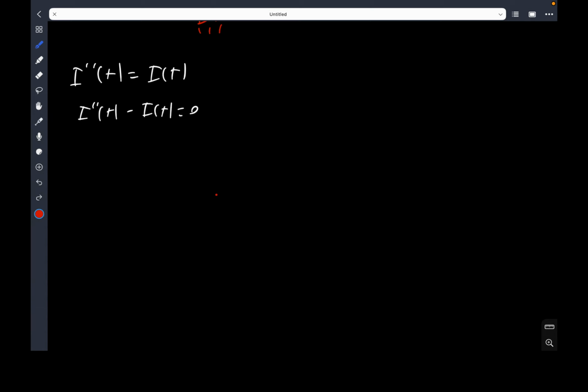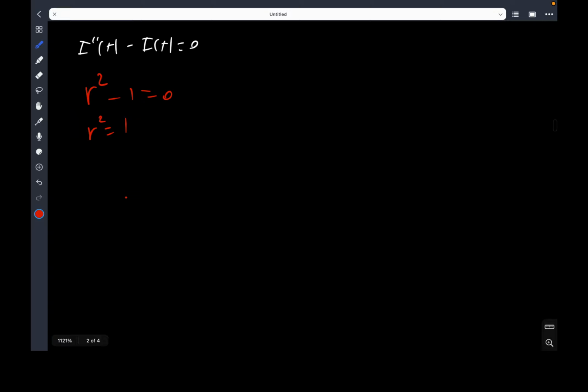So according to the roots of differential equations, I'm gonna have r, this is the root of my differential equation, r squared, the order of the derivative, minus 1 equals 0, because if it was the first derivative of t, I would have written here minus r equals 0, but because this is the 0th order of derivative, I'm gonna be having 1 equals 0, and therefore the root is plus or minus 1. Be careful, this is really important. Our roots are plus or minus 1.